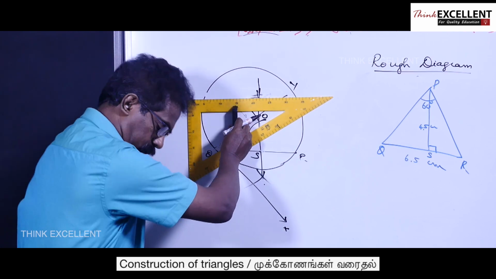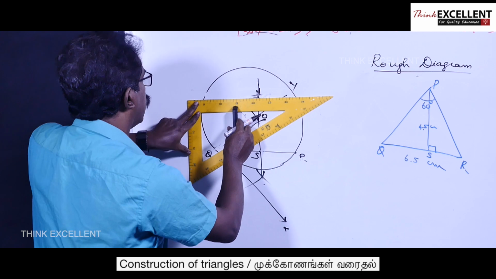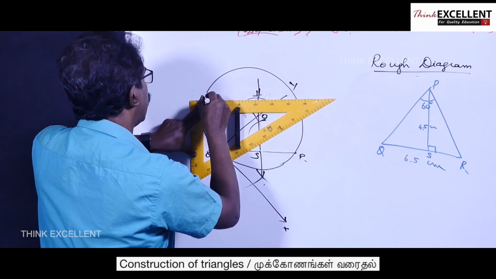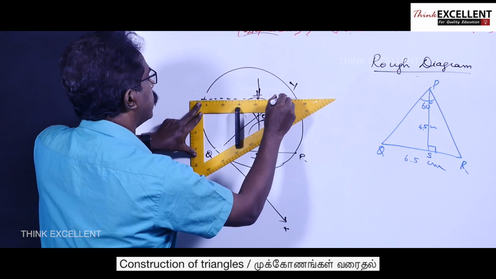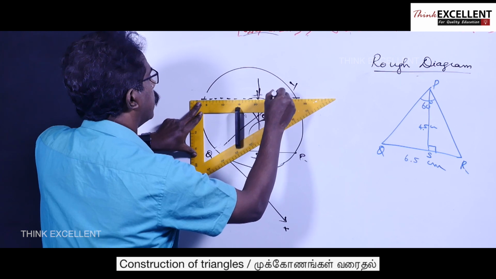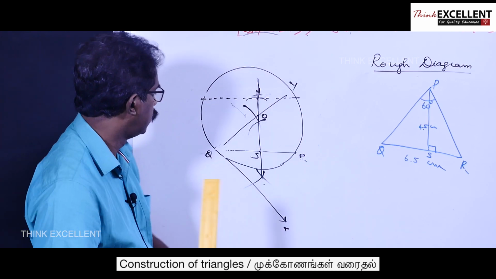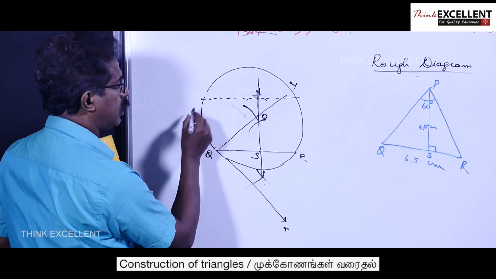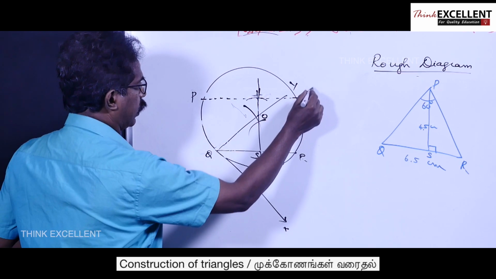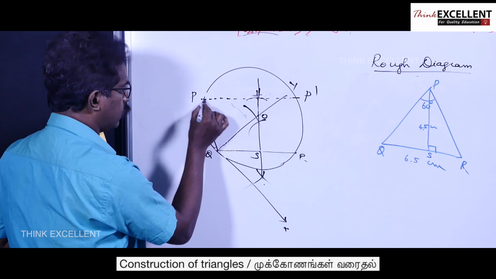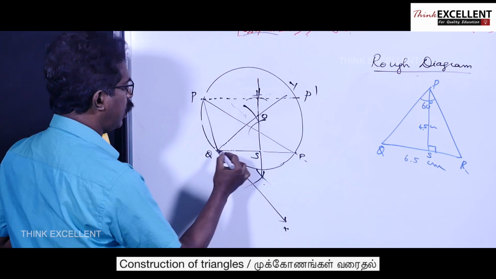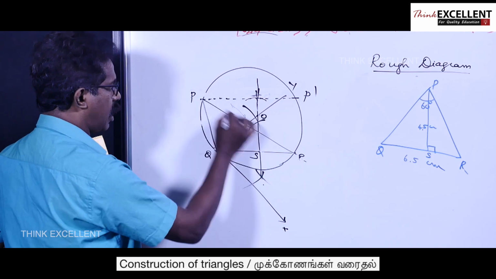When it reaches, now you can use a dotted line here. Now you can join these two points. This point is P and this point take it as P dash. Join these two. This is the required triangle. This is what we normally do.